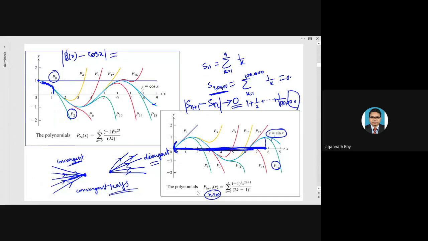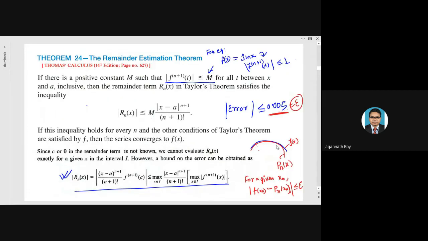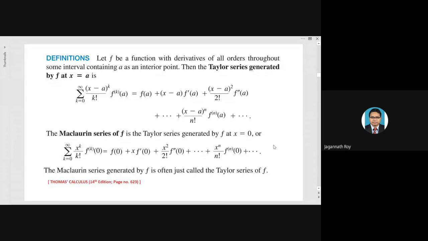After that there are some errors, as it is not matching. Depending on the need, we will define the error, for example, as 0.005.